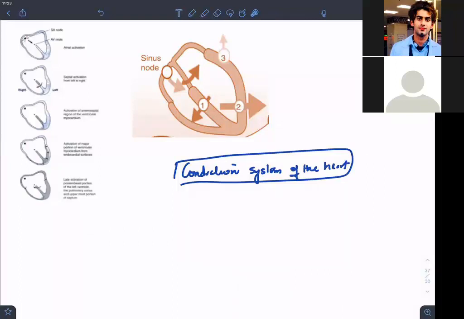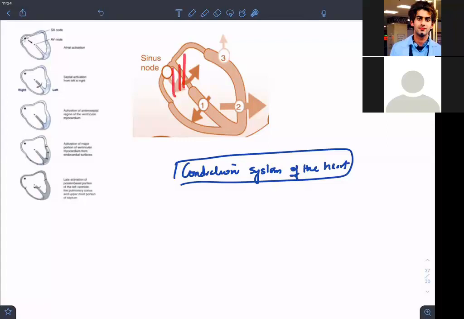And we know there is also one tract, the interatrial tract, going to the left atrium and depolarizing the atrium at the same time. So once an impulse is leaving from the SA node, there should be, listen to the word, simultaneous depolarization of both atria.